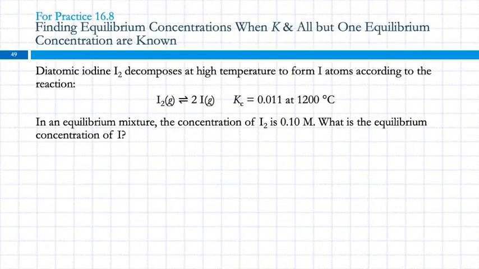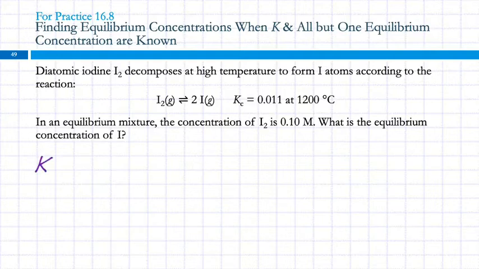So diatomic iodine decomposes at high temperature to form iodine atoms. According to the reaction, in an equilibrium mixture, the concentration of I2 is 0.1 molar. What's the equilibrium concentration of I? Well, do we need to do an ICE table here? When in doubt, yeah.